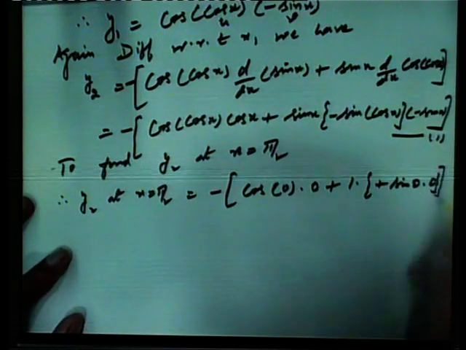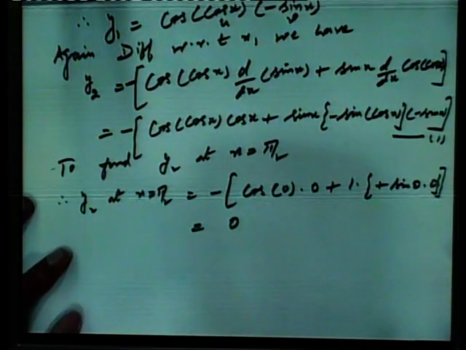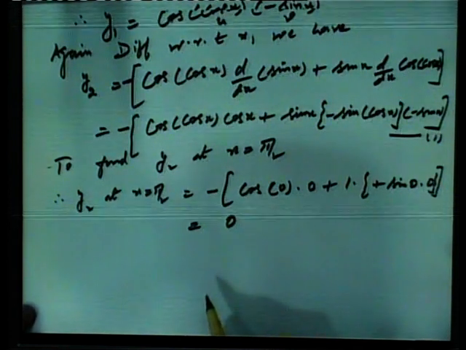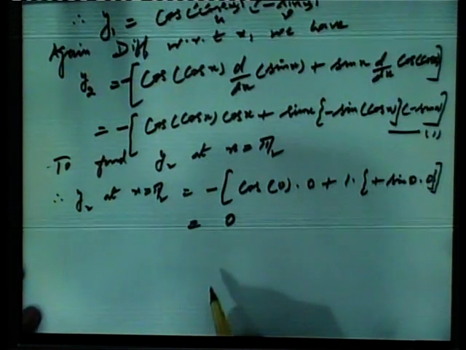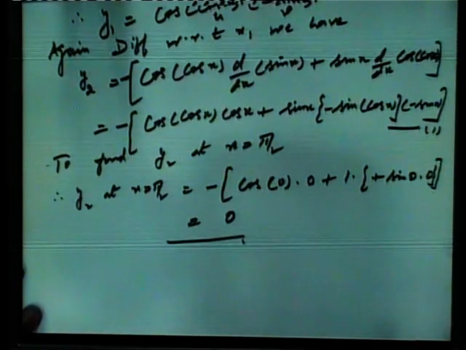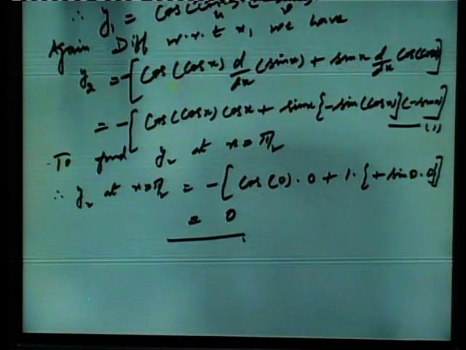You see that you get 0. So, the double derivative of sin of cos x at x equal to pi by 2 becomes 0.